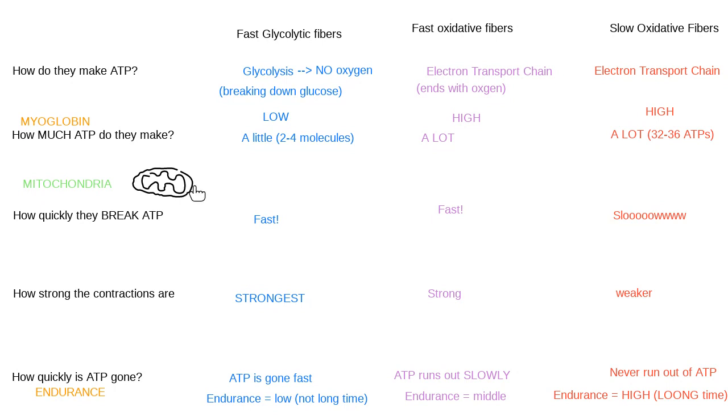So the mitochondria actually had two membranes. The inside one had all of the electron transport chain there. Okay, so not a trick question. Which of my types of fibers here would you expect to have a lot of mitochondria? Who's going to have a lot of mitochondria based on what we just talked about?